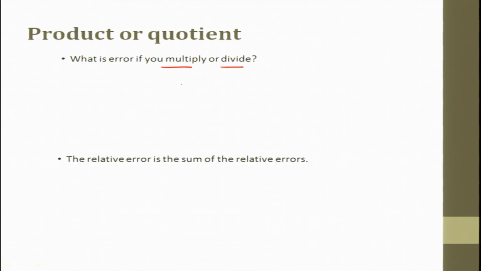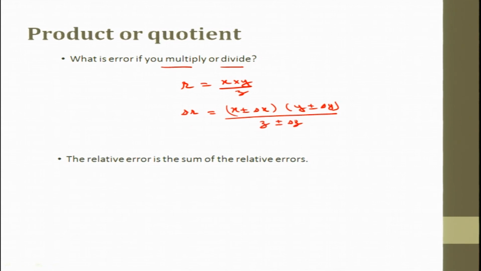So the resultant, if it is x into y by z, then the delta r would be equal to x plus minus delta x, y plus minus delta y, over z plus minus delta z.